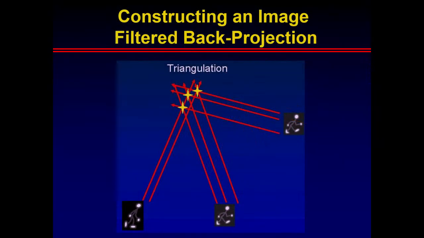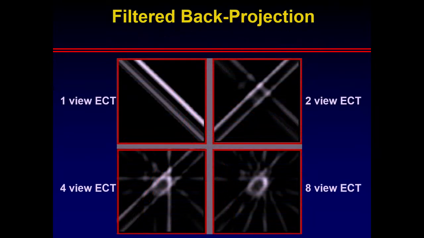Now, image reconstruction uses filtered back projection, and this is not an unusual concept. For instance, we use it in nuclear cardiology, but it's also used in CT, in terms of being able to get a three-dimensional image. And the way this works is, you can see here, if you just have one view of a photon going through space, you really can't see much of any image.